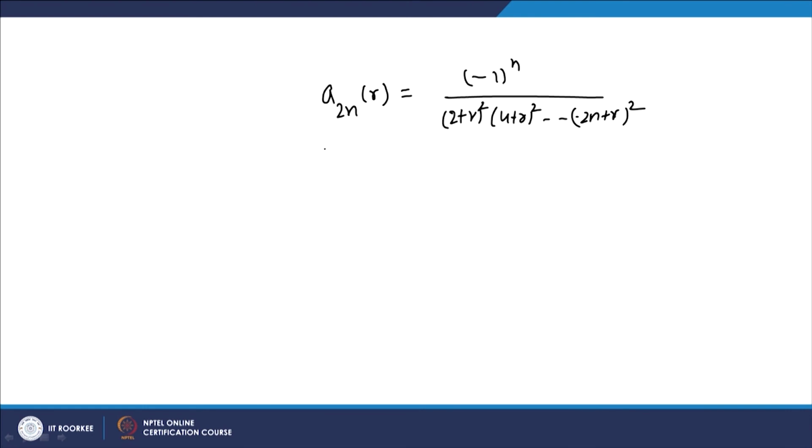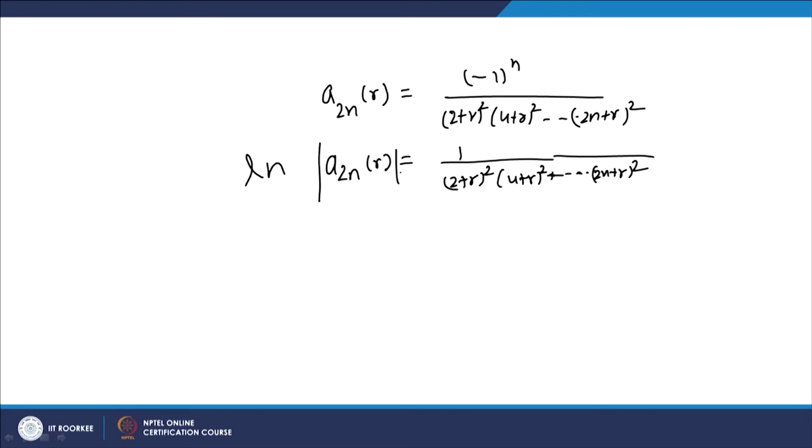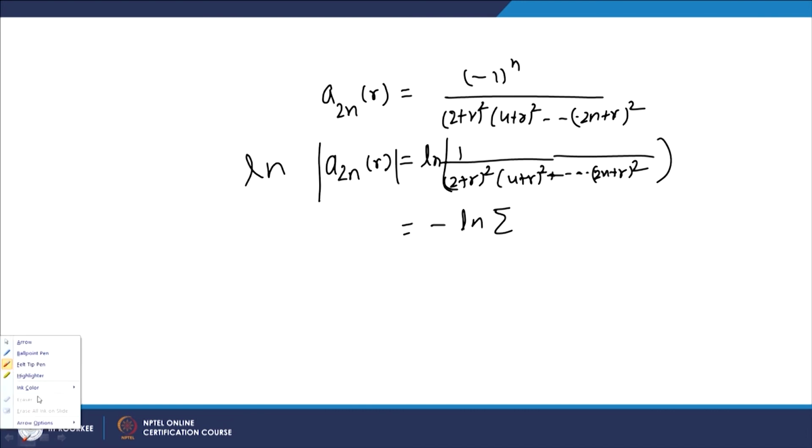So here let us take the modulus of a_2n(r), that will get rid of this minus sign. So it is 1 upon (2 plus r) whole square, (4 plus r) whole square, and so on, (2n plus r) whole square, and then take the log ln.